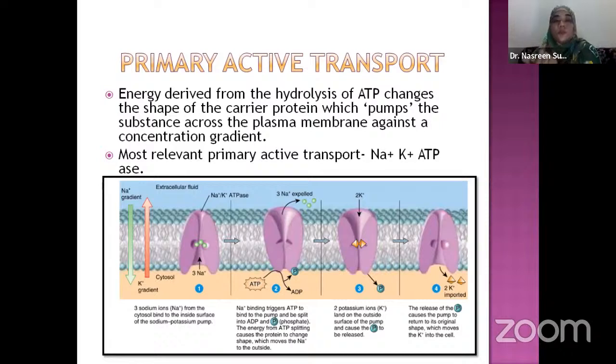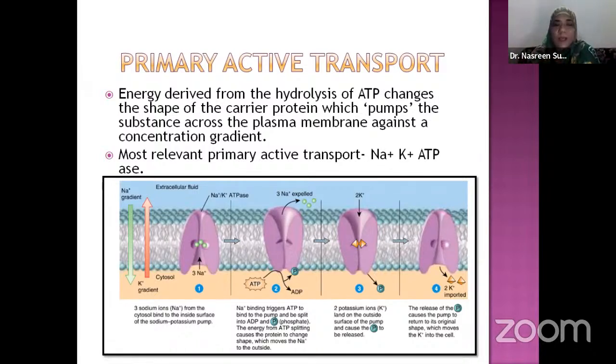Because the sodium is more outside, it is coming inside, and the concentration of potassium is more inside, it is going outside. If you have two small rooms, the concentration of people is more in one room and less in another room. Immediately when you open the door, the persons will start moving to the other room.